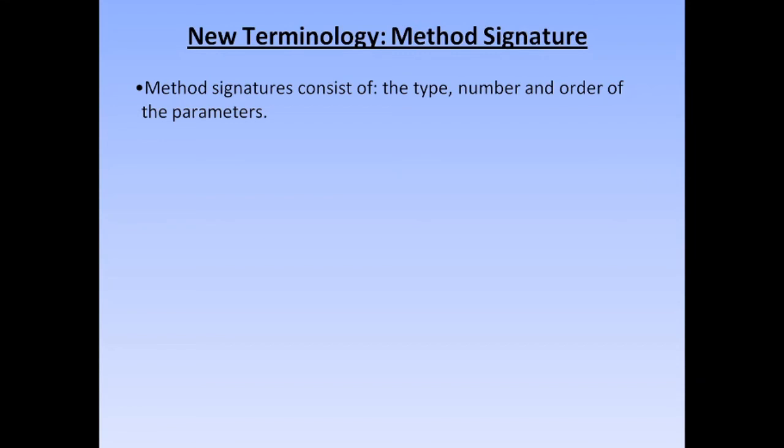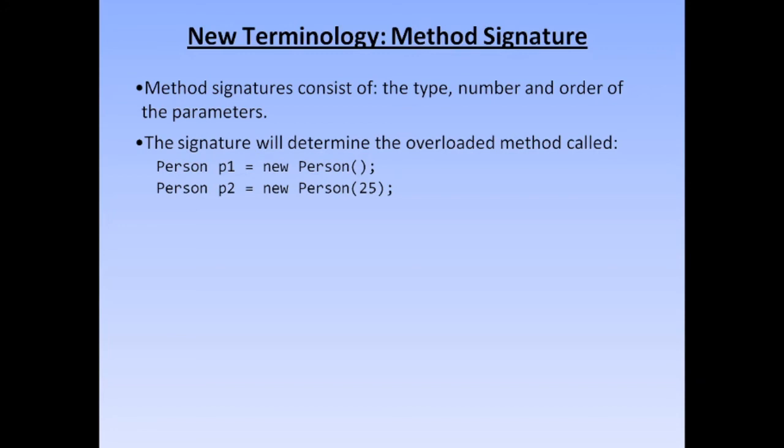Now, what is a method signature? Whenever we declare a method, the name of the function and the data types and the number of the arguments together make a method signature. A method signature consists of the type, number, and order of the parameters. The return type is not considered as part of a method signature.